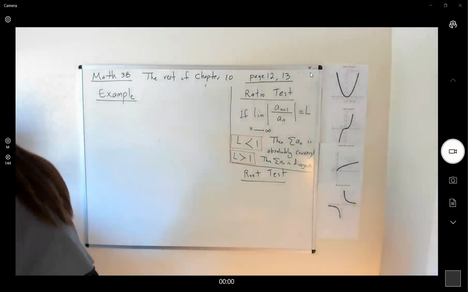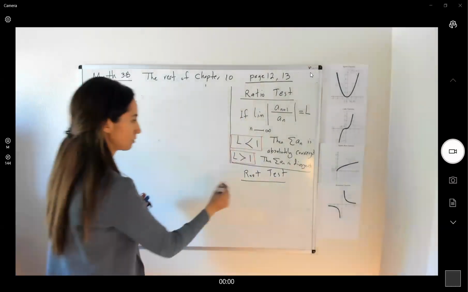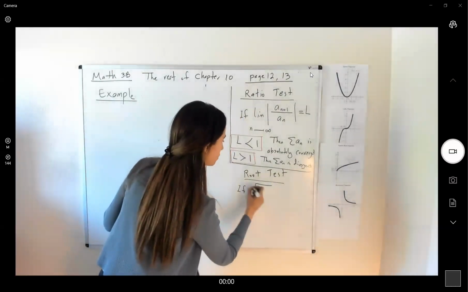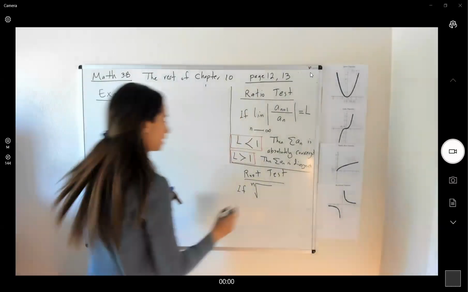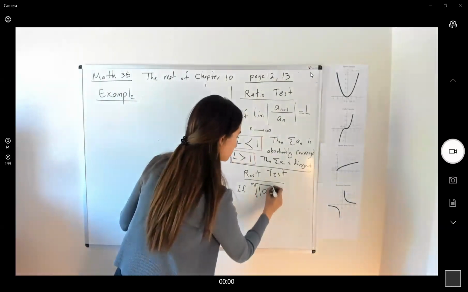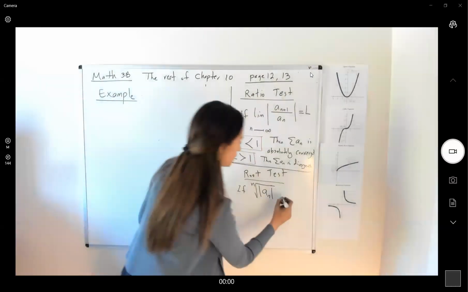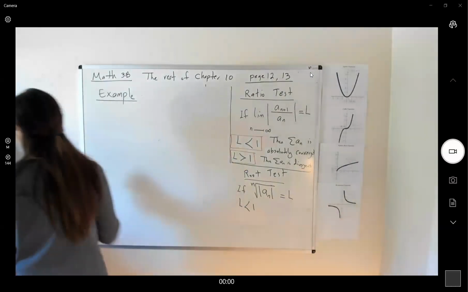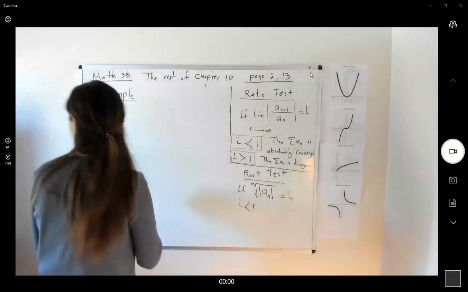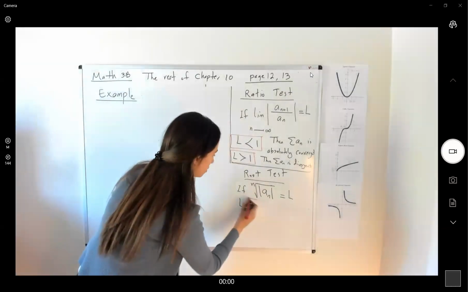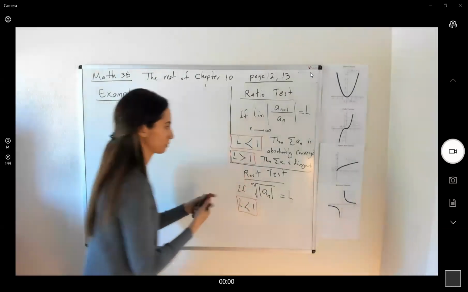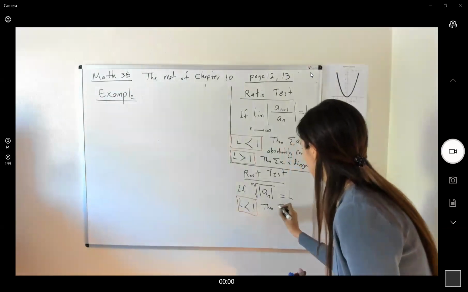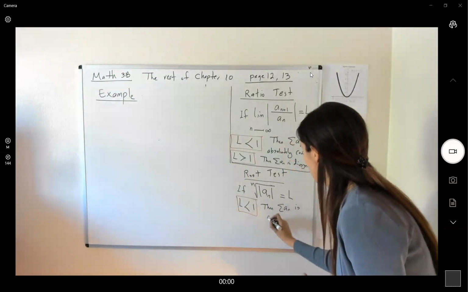For the root test, we take the nth root of our general term. If the nth root of the absolute value of a_n is equal to L, and if L is less than 1, then the series is absolutely convergent. So the conclusion is the same.